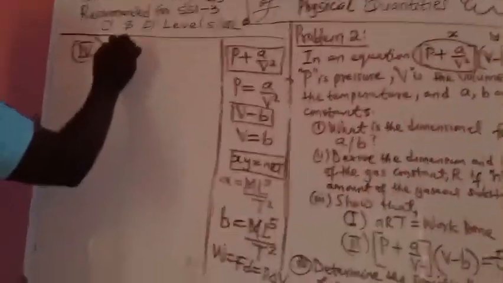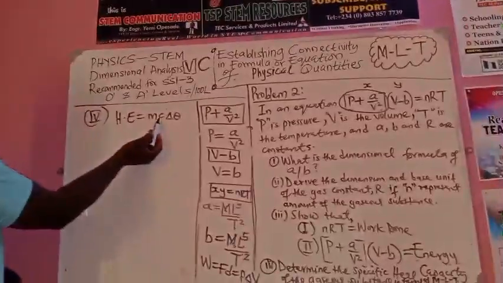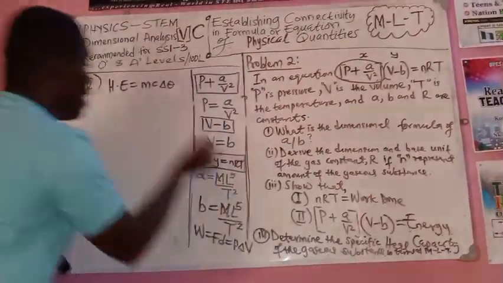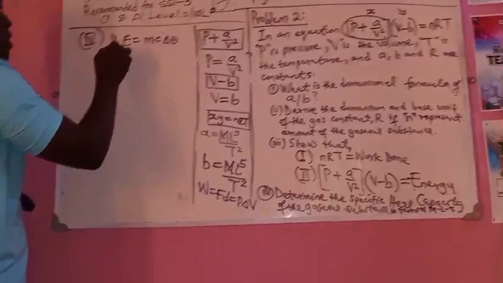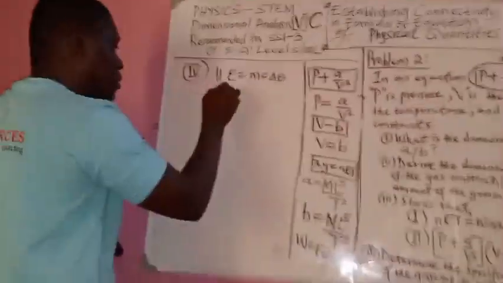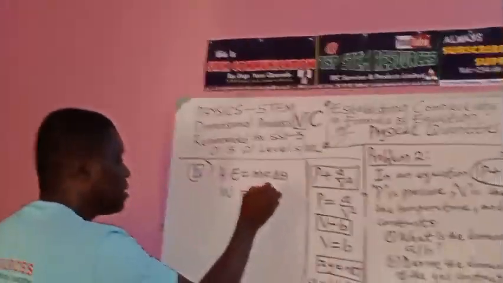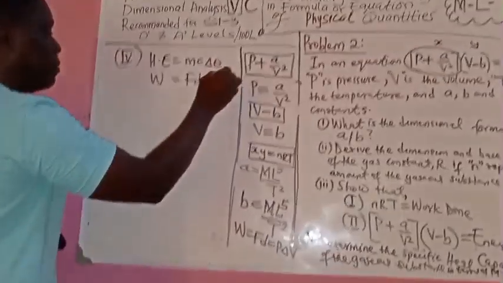Now, you remember that there are all kinds of forms of energy. We have thermal energy or heat energy, which is MC change in theta: mass times specific heat capacity, in this case of the gas, which is what they are asking us to find, and then change in temperature. And you also know that energy can be expressed as work done, which is force times distance, or pressure times change in volume.